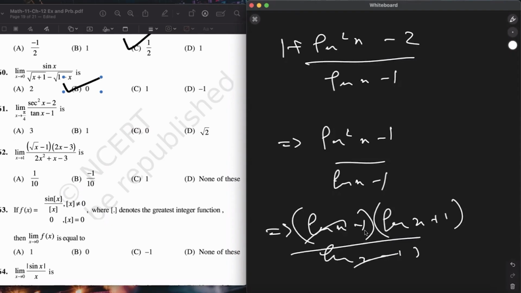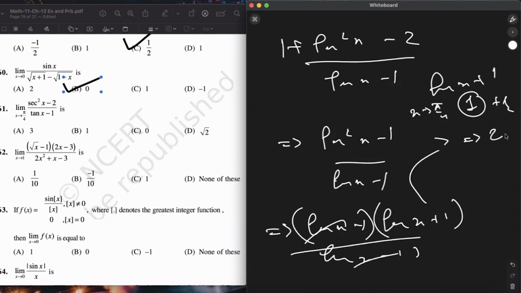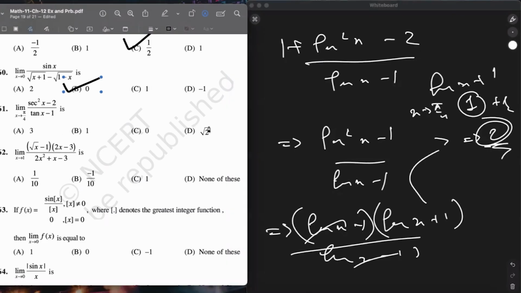So tan x plus 1 is the thing that is left here, and limit x tends to pi by 4. Tan at pi by 4 equals 1, so 1 plus 1, we definitely get a value of 2. 1 plus tan square x equals sec square x, so sec square x minus 2. Yeah, so this must be 2. This must be a misprint. This must be a 2 and that is your correct answer.